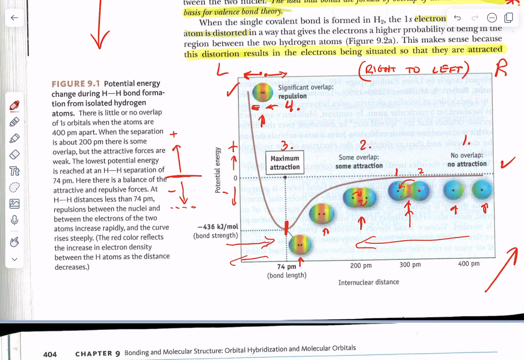And as we chart our distance between the atoms from 400 to 300 to 200 to 100, we find that the optimal distance between the two nuclei is 74 picometers. And that turns out to be the same place where we have our greatest amount of energy. This is the energy that is involved in creating the hydrogen molecule.